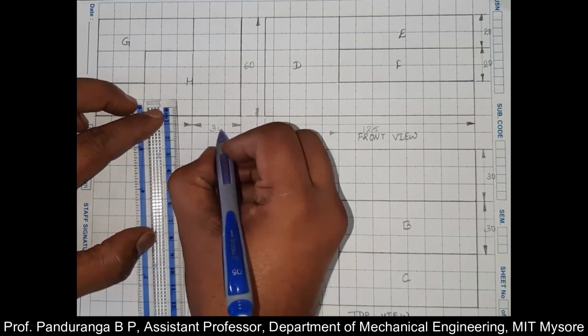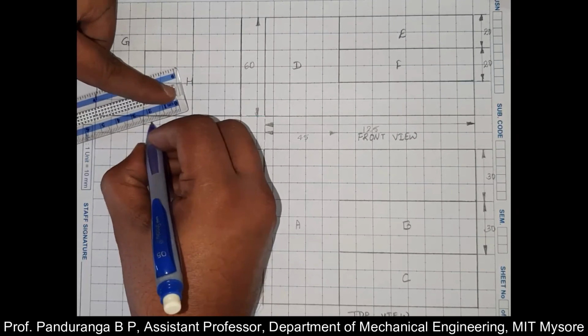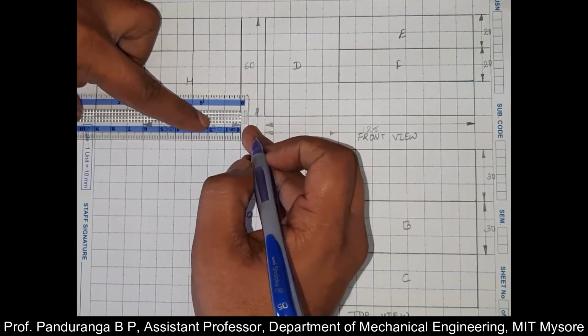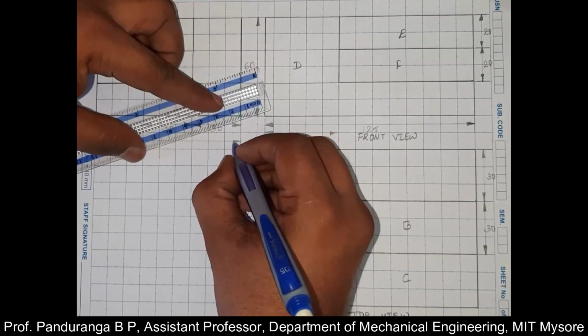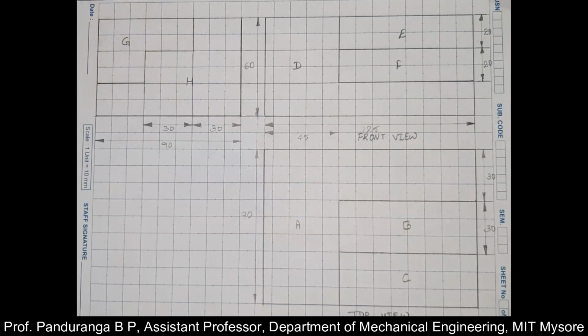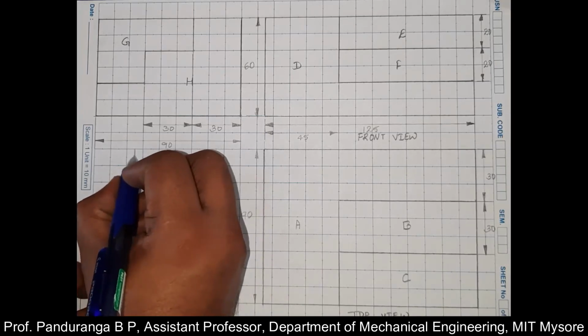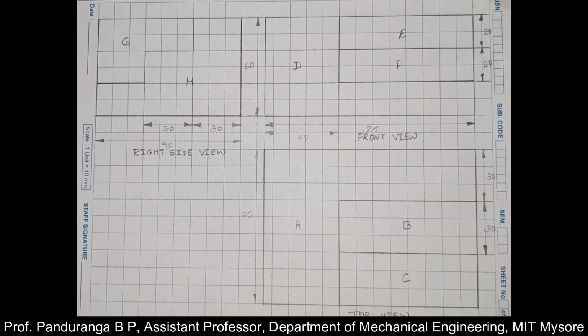This is 30 mm. This is also 30 mm. And this entire length is 90 mm. This completes the construction. Now I will write this as the right side view. This completes the solution for the first problem in your sketchbook.